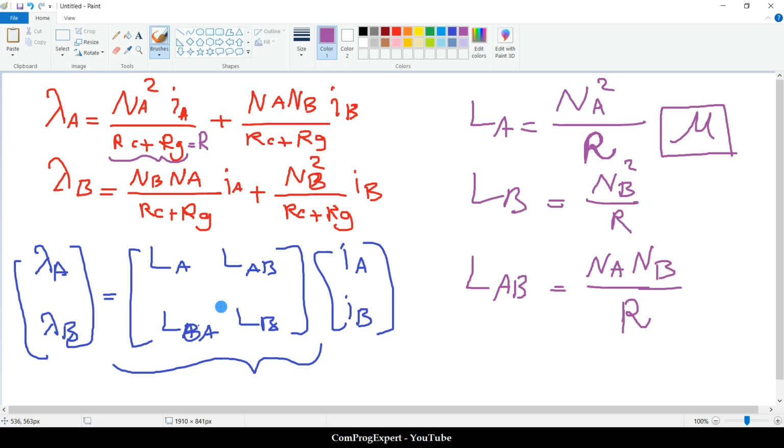It depends on the level of the excitation, right? So if we call this L, the inductance matrix also depends on IA and IB. This inductance matrix depends on the level of the excitation.